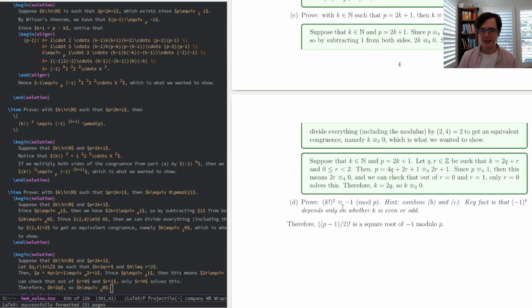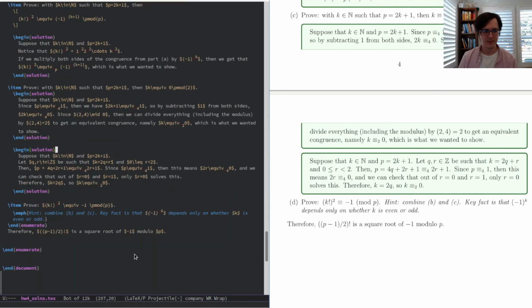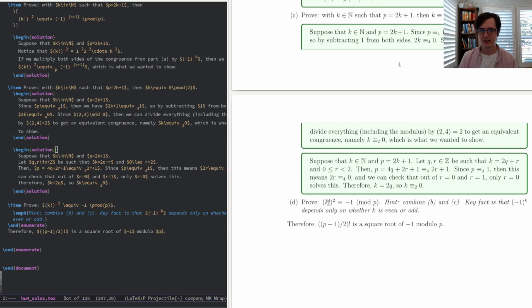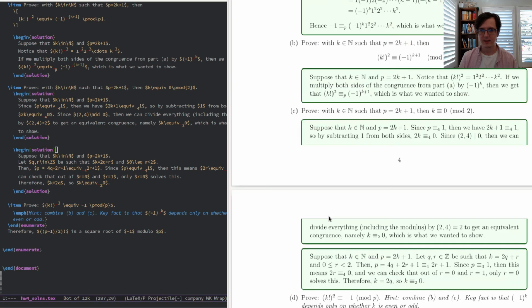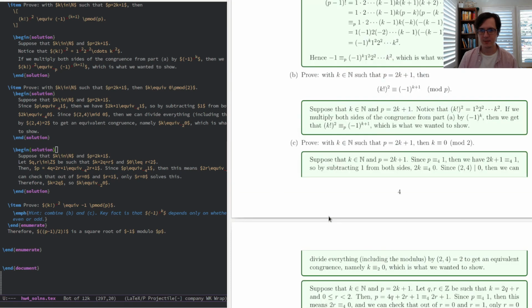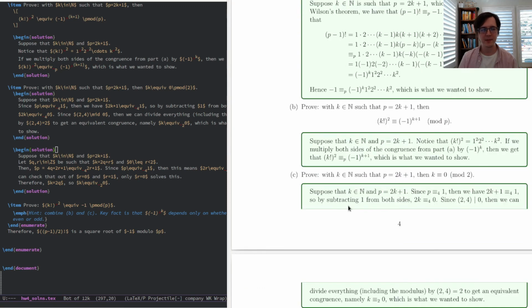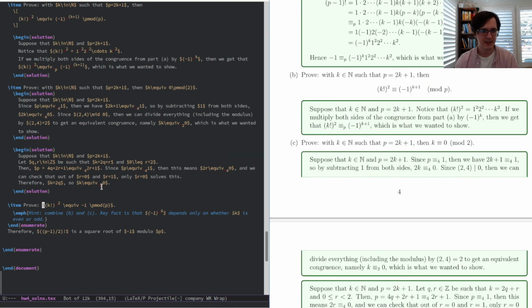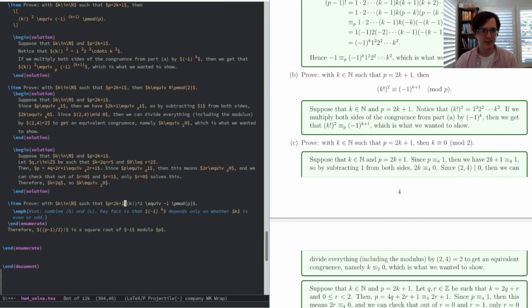Okay, part D. K factorial squared is a... oh, I forgot to actually mention what k was. I think you probably figured it out from context. But let's correct it here.